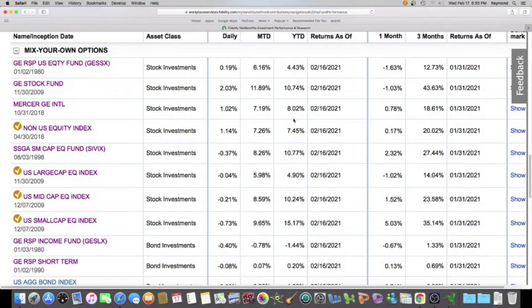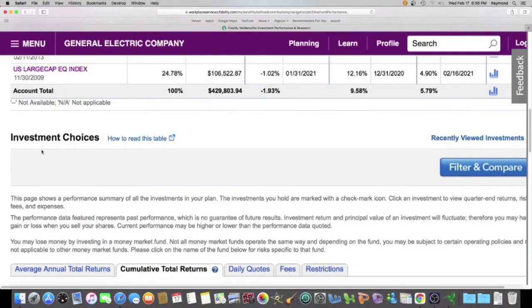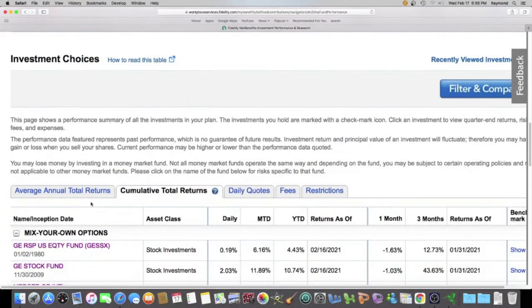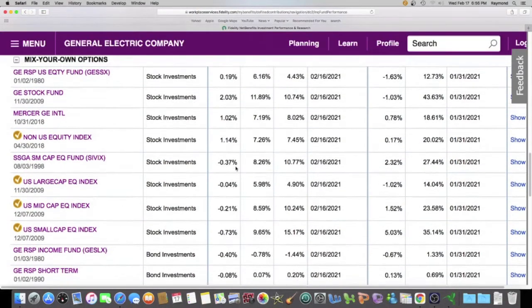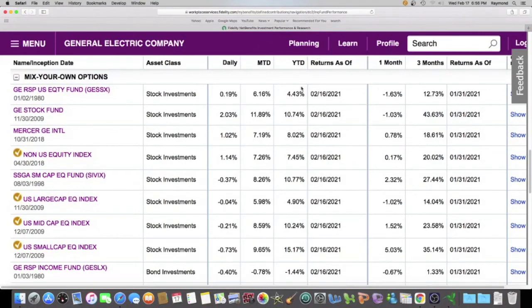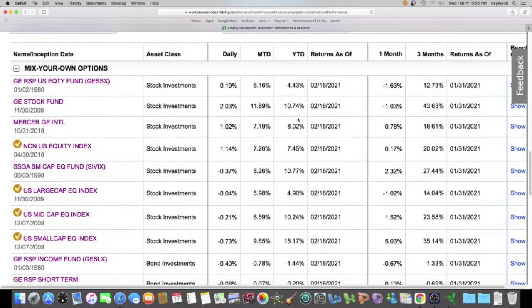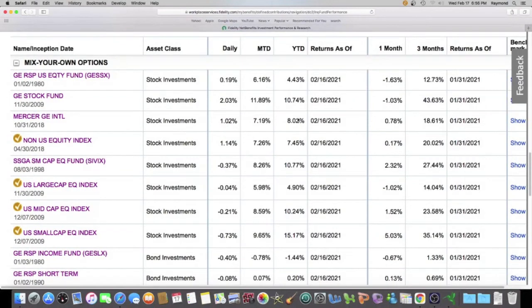And if you just look at this column, I'm doing pretty well. So I could have picked any of these investment choices to put my money in, and I decided to pick these 4. And luckily, when we look at the year-to-date column, the 4 that I picked have the biggest numbers.